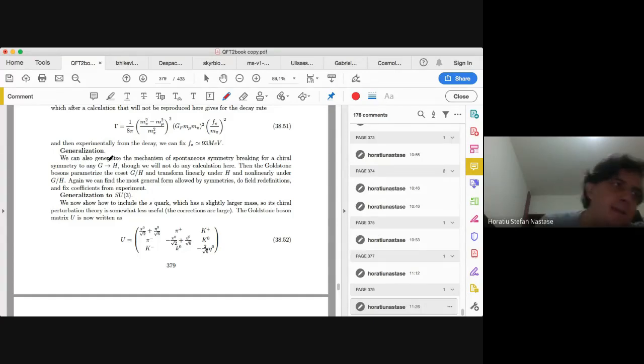So people started looking for alternative explanations to why we have a Higgs mass that is so low as observed. Usually the Higgs mass, by quantum effects, by one loop effects, would go to very high scales, close to the cutoff scale, so close to the Planck scale.